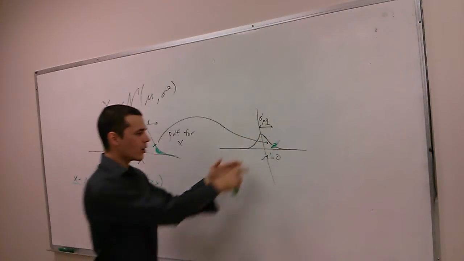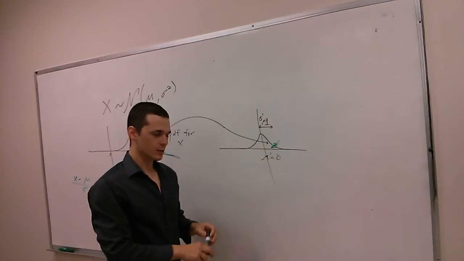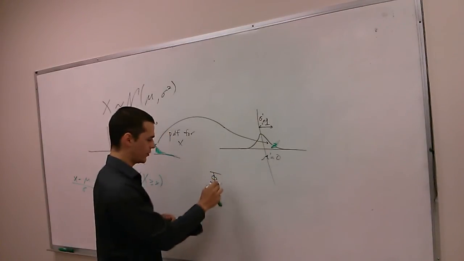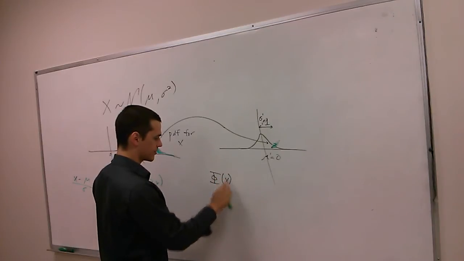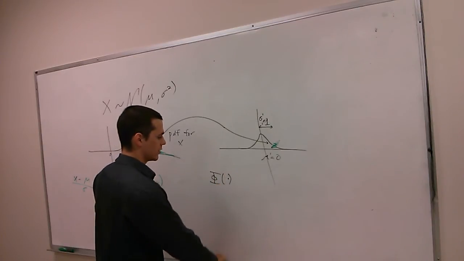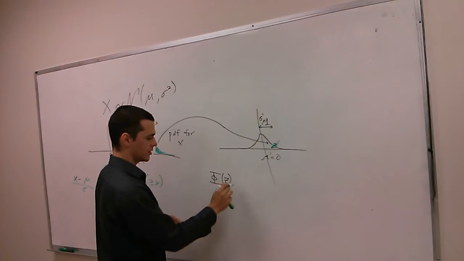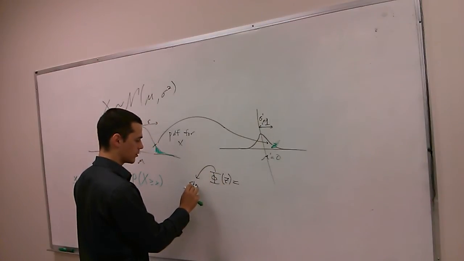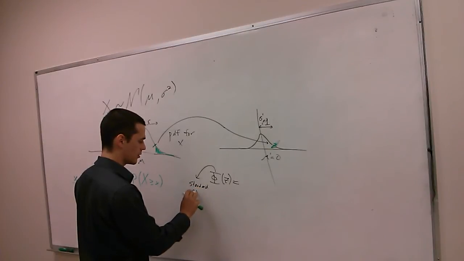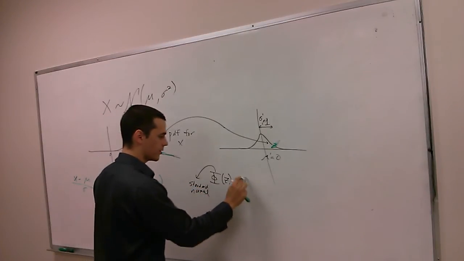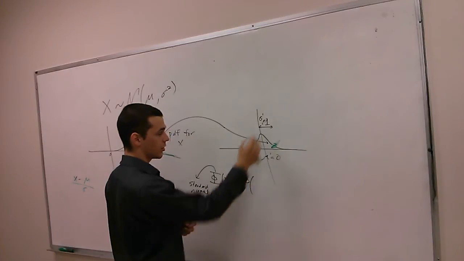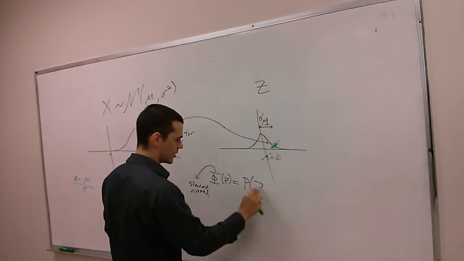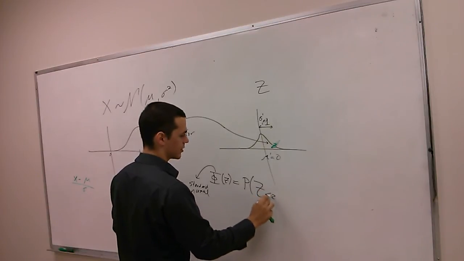And then we know all of these properties of the standard normal. We have this function phi, we have a bunch of functions, right? So phi of z tells us, for the standard normal, which we'll call big Z, the probability that big Z is less than or equal to little z.